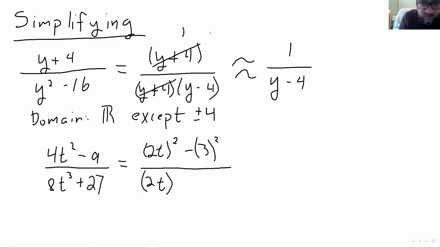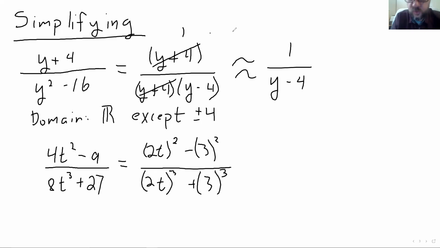Let's try rewriting that so it's readable. Cubed. All right, that's almost readable. Plus 3 cubed. Oh, that's a much nicer 3. So now I'm not saying you can cancel the 2t's here. I just wanted to remind you that what we've got here is difference of squares over sum of cubes, and so you've got to use your formulas. I will let you look up the formulas.